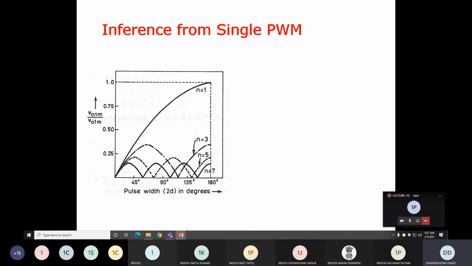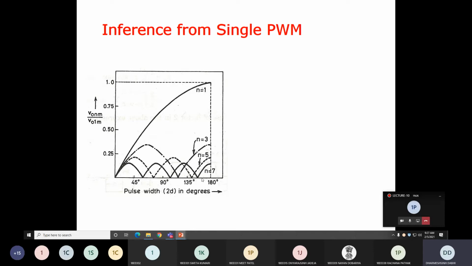In the same way, for the fifth order harmonic waveform, at the angle of 72 degrees, which means 2 pi by 5, your fifth harmonic is 0. It means when 2d is equal to 72 degrees, you can remove the fifth order harmonic. Yeah. In the same way, at this angle, you can remove the 7th order harmonic.